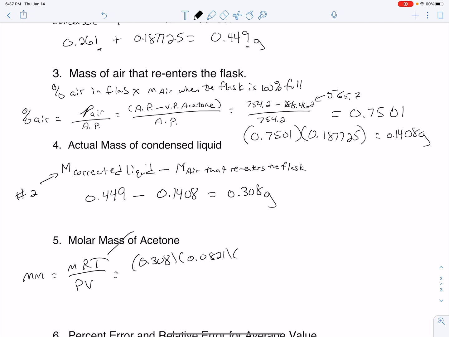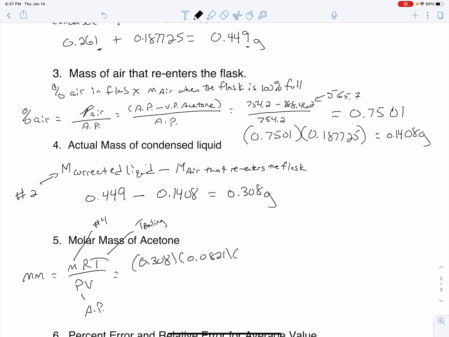The M comes from number 4. The temperature is the temperature of boiling because that's where the pressures are equal to atmospheric pressure. When the pressure inside and outside are equal of the acetone is when it was at the boiling point.